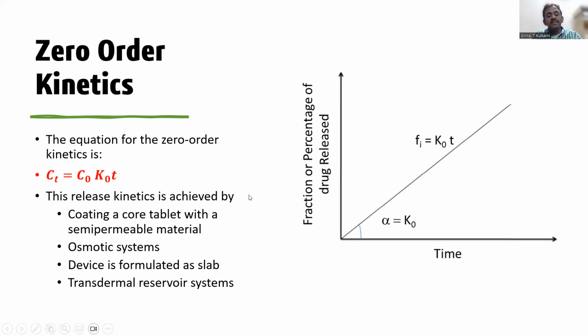Usually, we get this zero order kinetics by coating a core tablet with a semi-permeable material. If we coat a tablet with some cellulose derivative, like ethyl cellulose or methyl cellulose, with a core present, we can achieve zero order kinetics.